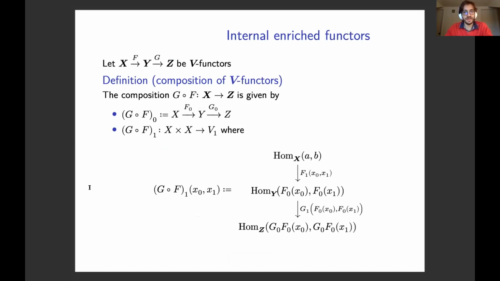So the whole point of this is that if we work in the internal language of our ambient category, we can actually replicate pretty easily all of the constructions of standard enriched category theory.